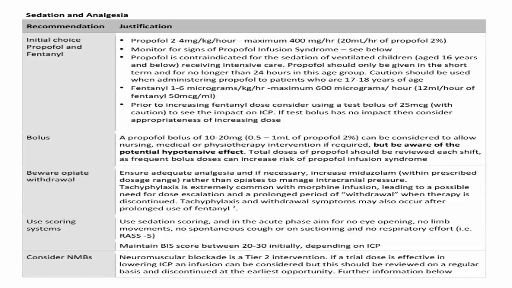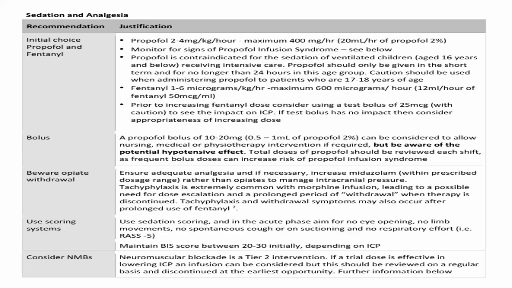Regarding sedation and analgesia, the initial choice is propofol and fentanyl. Propofol should be used in the range of 2 to 4 mg per kg per hour, maximum 400 mg per hour. Monitor for signs of propofol infusion syndrome. Propofol is contraindicated for sedation of ventilated children. Propofol should only be given in the short term, for no longer than 24 hours.